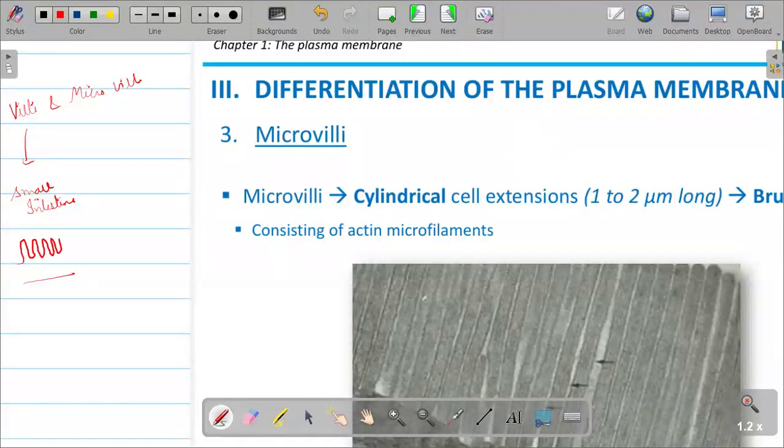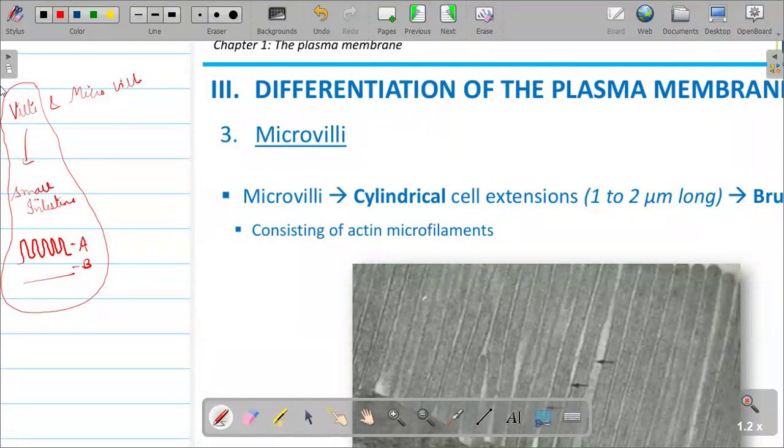Which one is longer, A or B? A, because the infolding will increase surface area. This is found in the small intestine, and that small infolding of the small intestine is called villi.